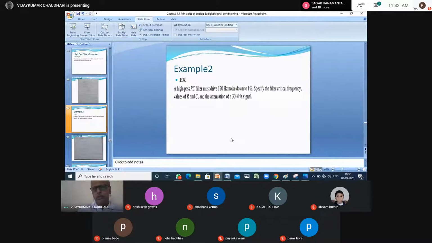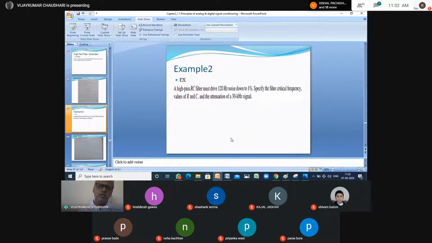What is given? F is given as 120, whereas the noise is to be down to 1%. 1% meaning 1 upon 100, 0.01. So V out upon V in is given as 0.01 and F is given as 120.